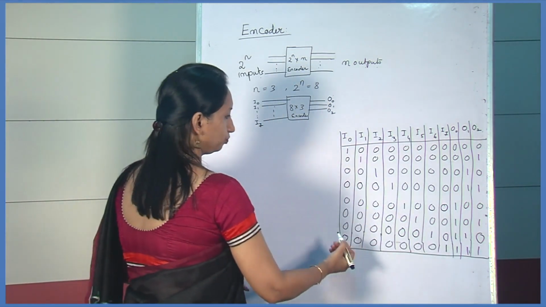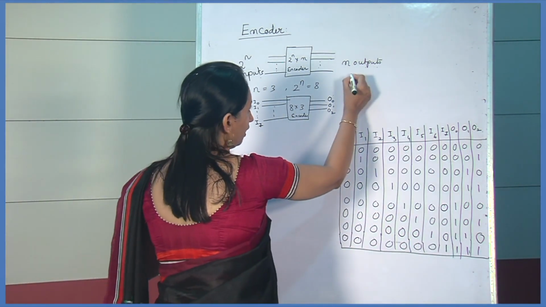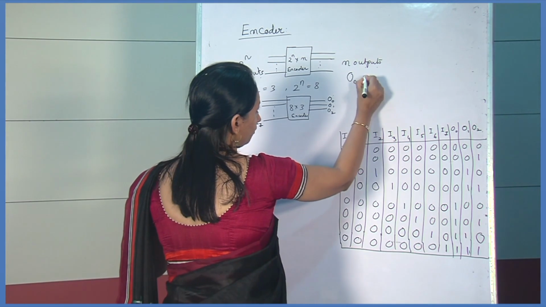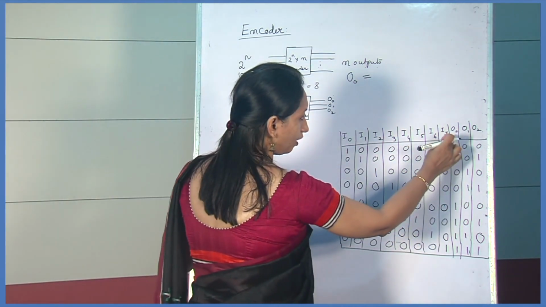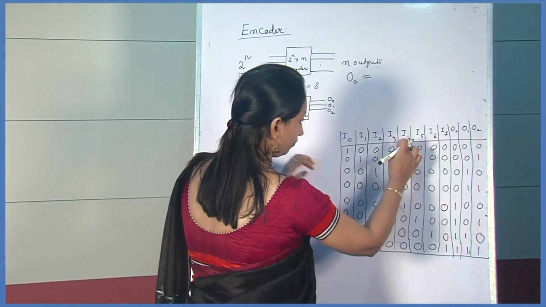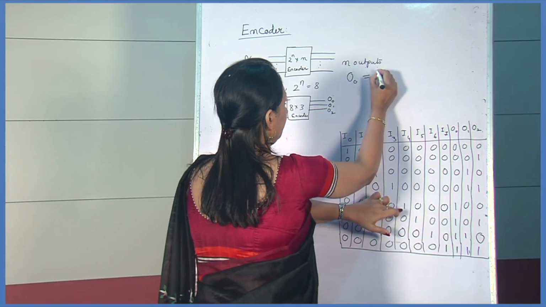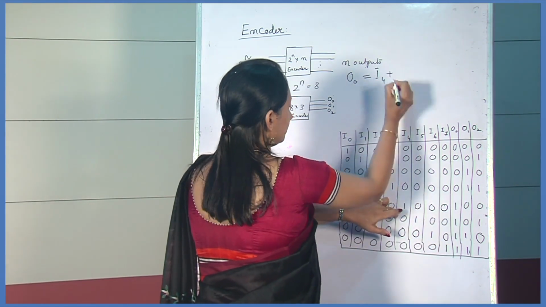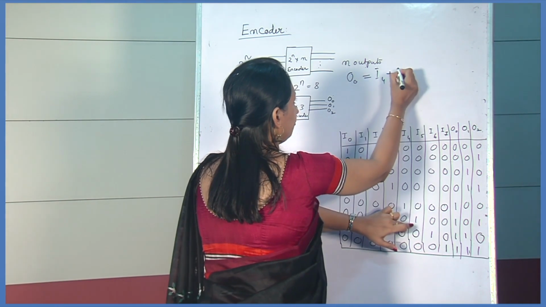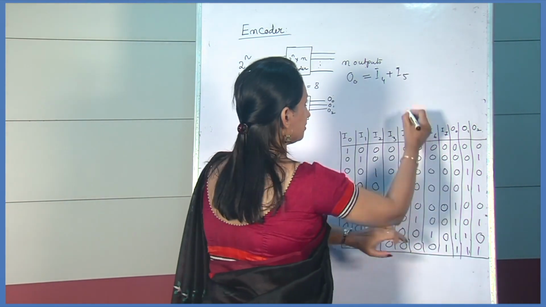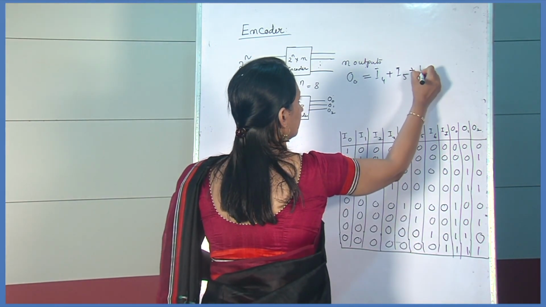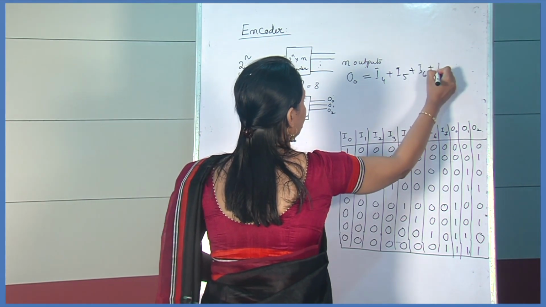So the output equations can be written as O0 equals I4 plus I5 plus I6 plus I7.